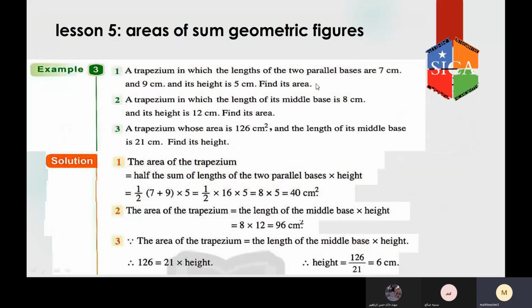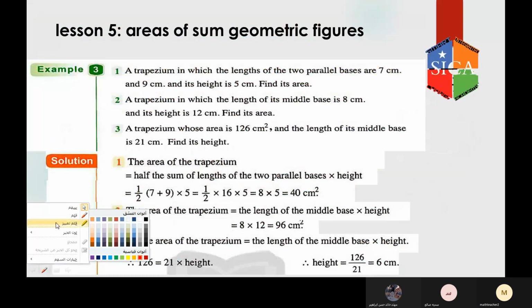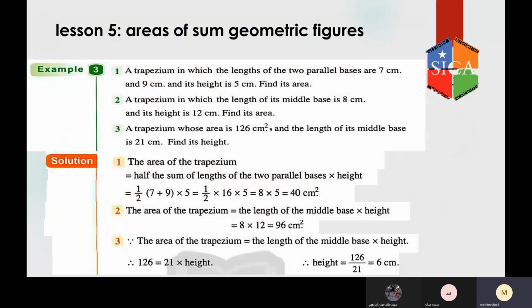The area equals half times L1, the first base, which is 7, plus 9, the second base, times the height, which is 5 centimeters.